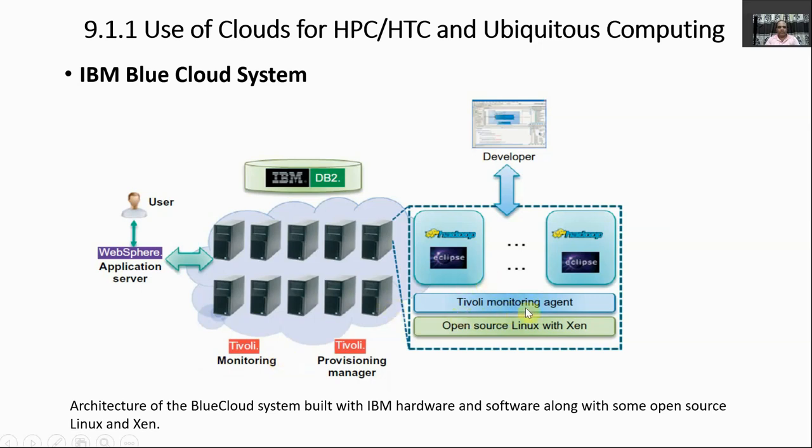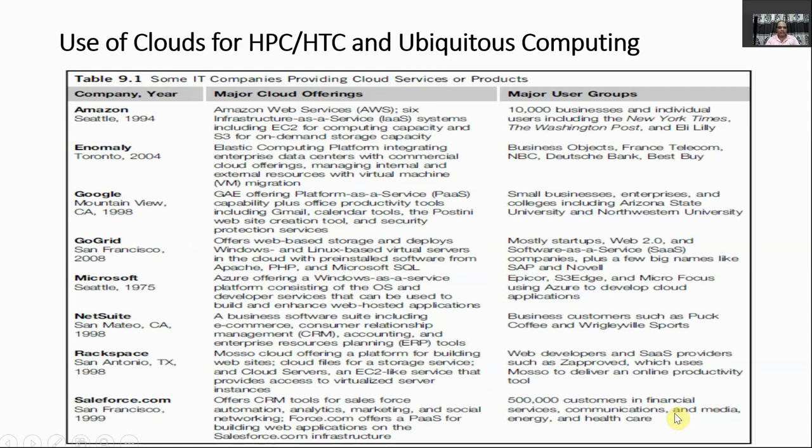Then we have the Tivoli monitoring agent as well. For each physical server we have open source Linux with the Xen virtualization layer and the Tivoli monitoring agent, which will look after the resources available on that physical server. So this is the architecture of the Blue Cloud system built with IBM hardware and software along with some open source Linux and Xen.